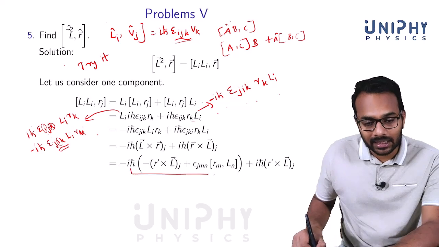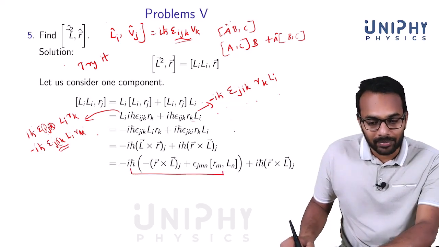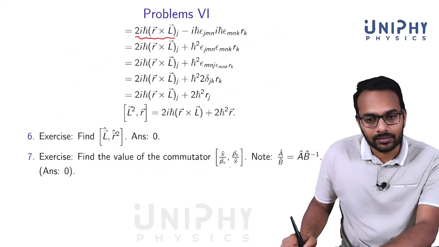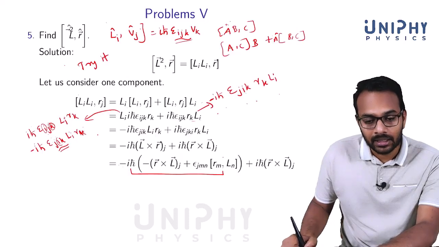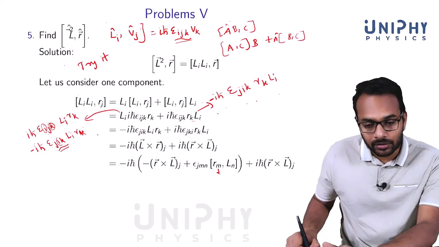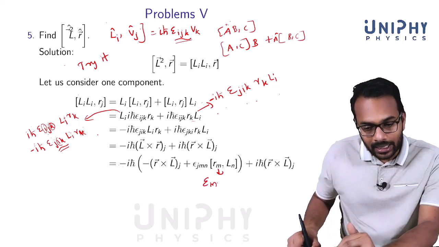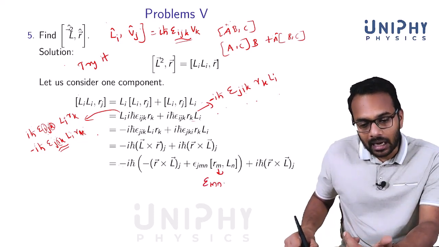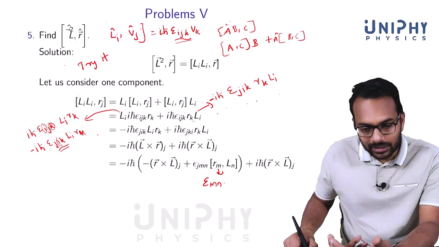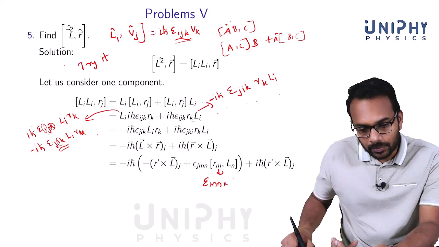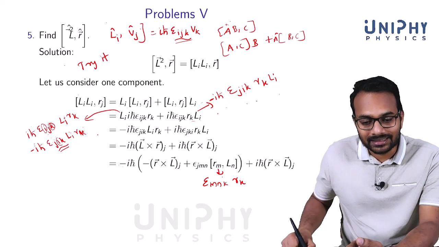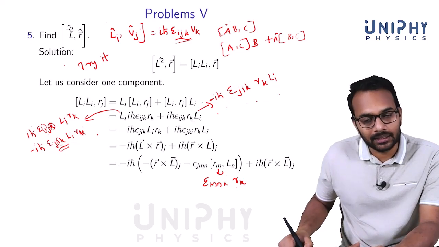It's minus iħ cross epsilon jmn r_m l_n. And what is this r_m l_n? We already know from the Poisson bracket, from the commutator, that this is iħ cross epsilon mnk r_k.